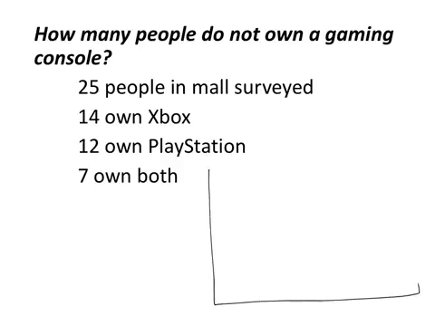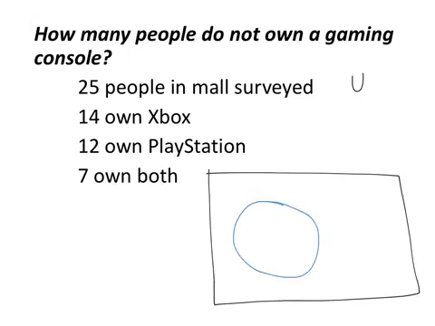In this question, we are told that we have 25 people surveyed. That's going to represent our universal set. We're also told that of these people who are surveyed, 14 own an Xbox, 12 own a PlayStation, and 7 are in that region of overlap, or people who own both.